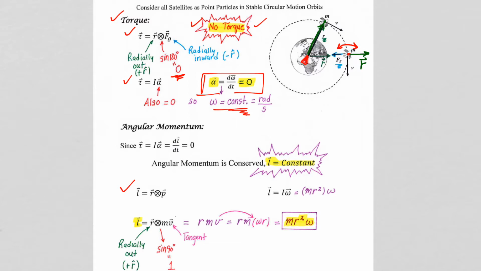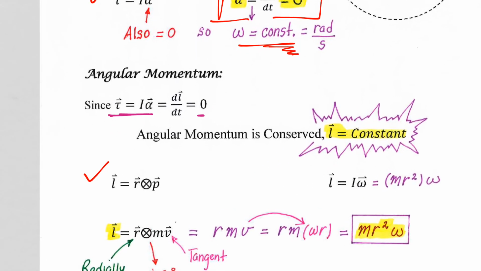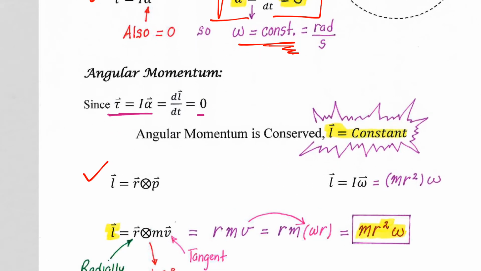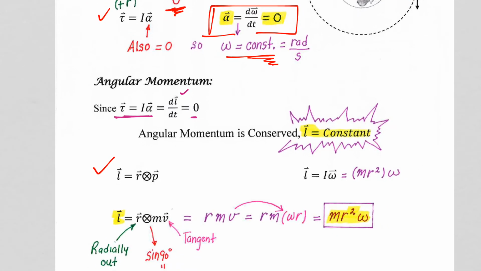But even before we calculate the angular momentum, since torque equals I alpha, and we know torque is zero, and Newton's second law in momentum form is torque equals dL/dt, the time rate of change of the angular momentum, L must be a constant. So since the time rate of change of the angular momentum is zero, L is constant.